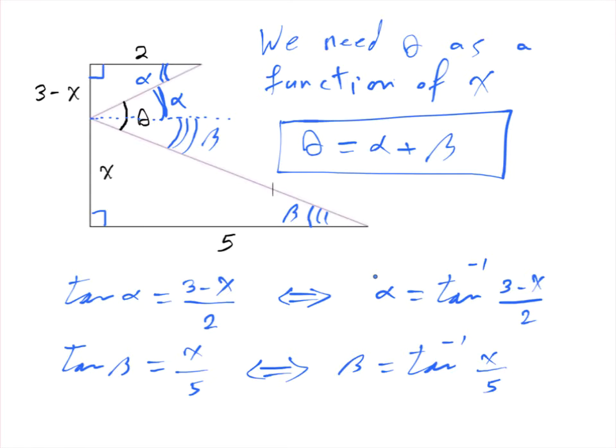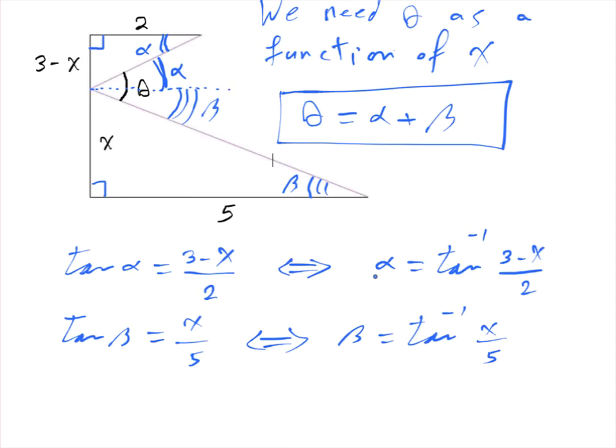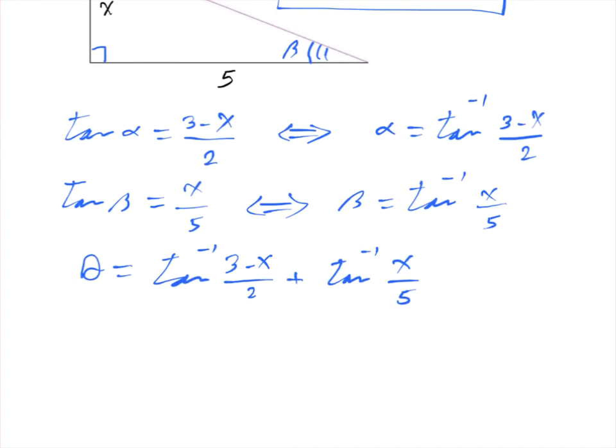So now I'm ready to set up my function that I am maximizing. I can write theta equal to arctangent of (3 minus x) over 2 plus arctangent of x over 5. And this is the function that we are maximizing.